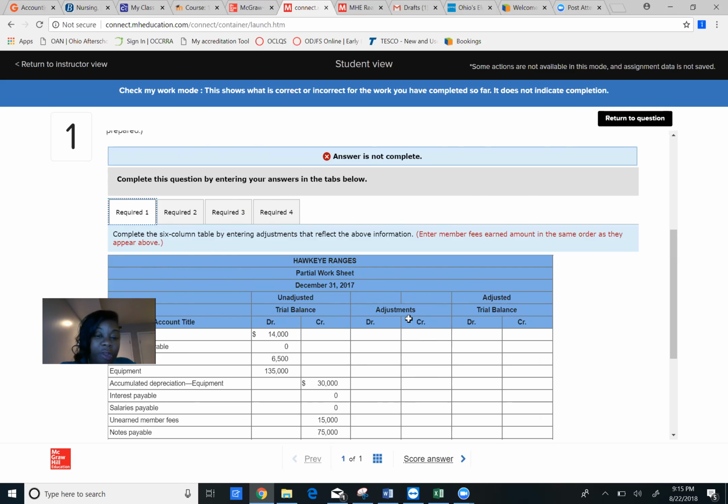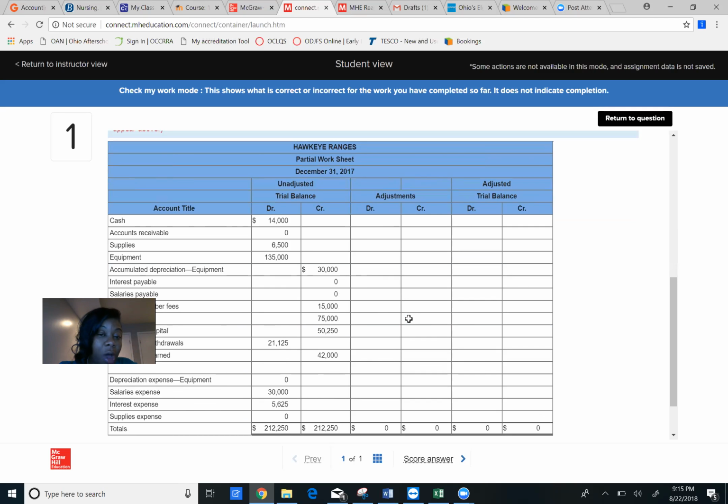So unadjusted trial balance was the balance of all of these accounts throughout the month. And then when you do your adjustments at the end of the month, they're going to go into adjustments. So it's all these different accounts that we just worked on. Well, you kind of need to know, what have you touched? Have you affected any of these accounts?